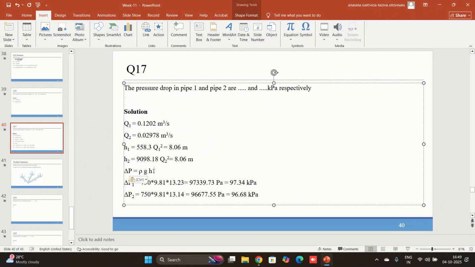So apart from that, delta P is equal to rho g H. So rho is actually 750 into 9.81. The rho g into H is 8.06. It is actually 59301.45.